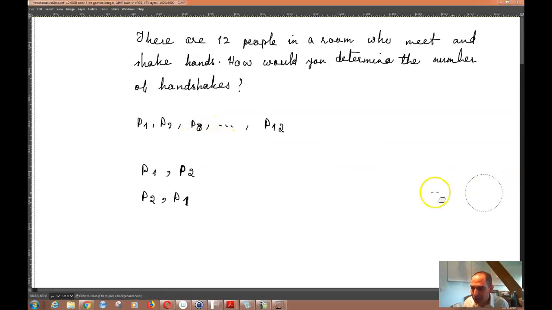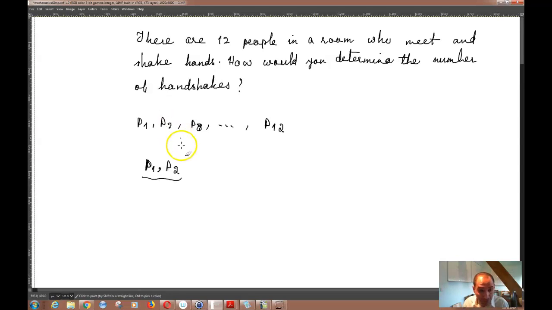All that matters is that a selection, for example person 1 and person 2, conveys the information that these two people have shaken hands, and here order does not matter at all, because there is no order really.